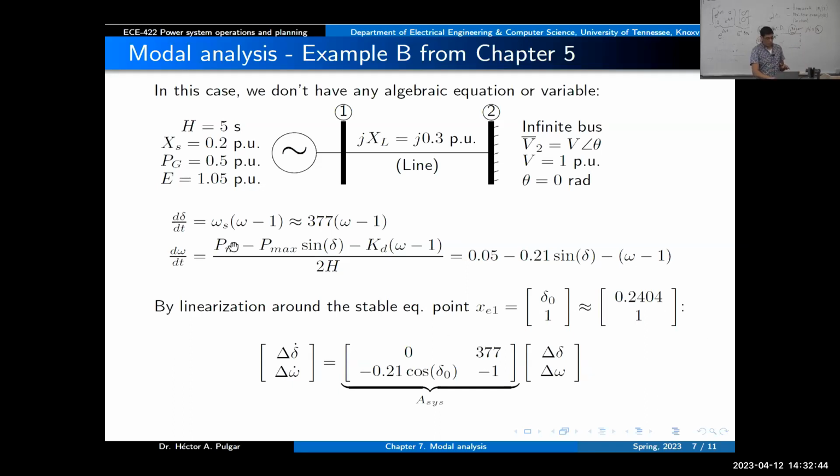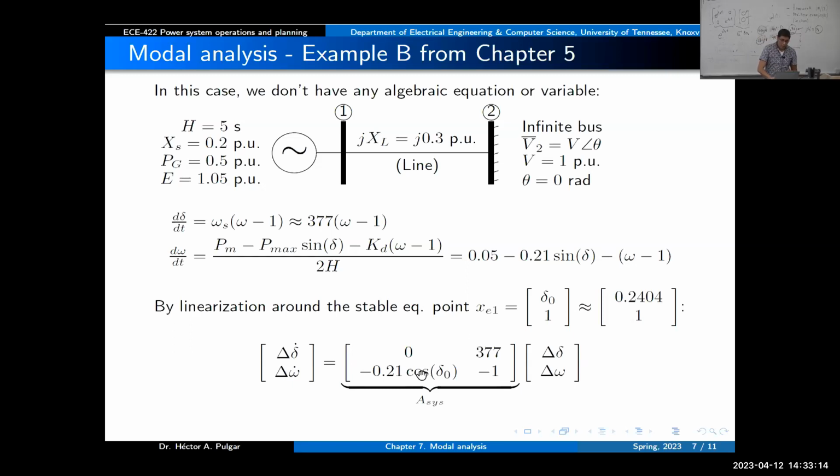And this is the equilibrium point when the machine is injecting this power, 0.5 per unit. That's the equilibrium point. And this is the linearization of the system around the equilibrium point. So delta, the angle, is going to be whatever angle we have minus the equilibrium value of that angle. Delta omega will be whatever speed we have minus 1, because that's from the equilibrium point.